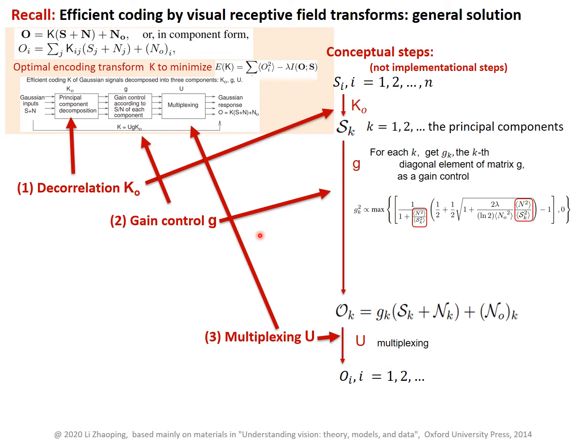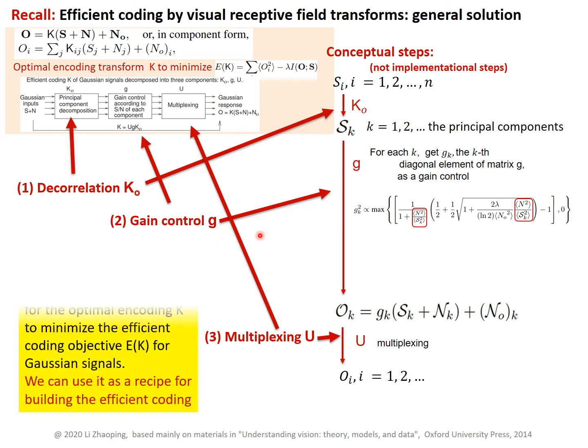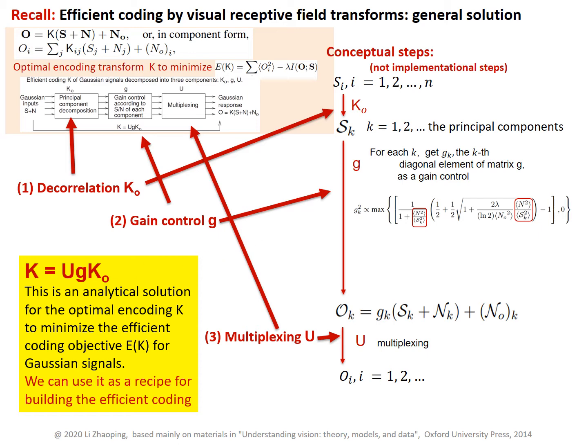Thirdly, it mixes these gain-controlled components through another coordinate transform. These steps combined together give the optimal encoding K. While this K is a mathematically derived solution, we can use it as a recipe for building the efficient encoding transform.